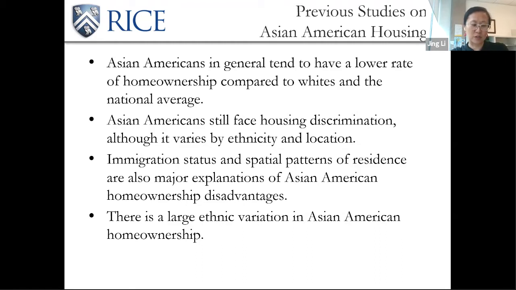Immigrants in general also tend to be more geographically mobile than the native born, which does not usually encourage home ownership. Past studies also found that there is a large ethnic variation in Asian American home ownership.